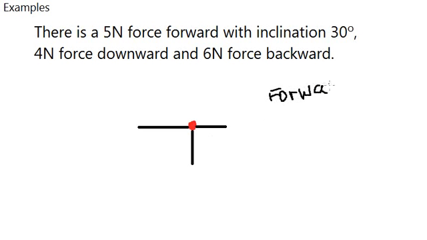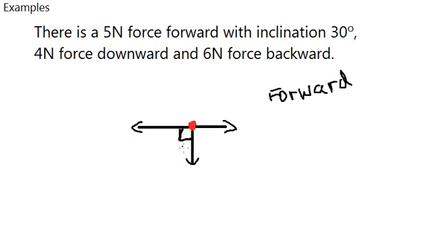Oh my, this is ridiculous. Oh yes, so we know forward is this way. So we've got the arrows labeled, and because we have a backward and downward, we know this is 90 degrees.